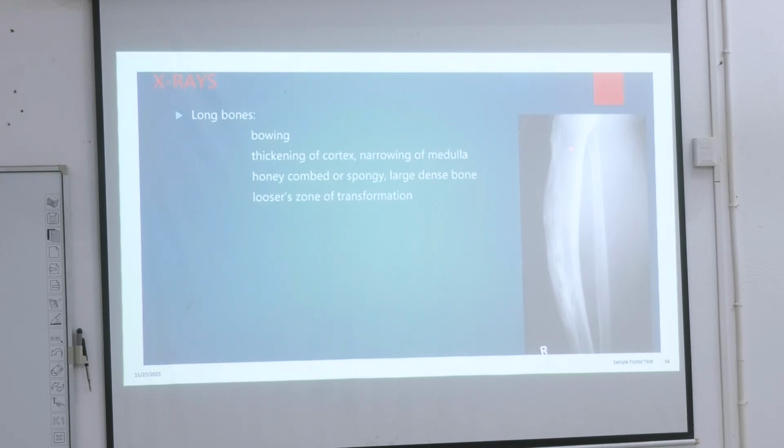So cortical thickening and thinning of medulla occurs and ultimately there is bowing. So you can see there is bowing, increased curvature of the long bone, thickening of cortex and narrowing of medulla. Looser zone transformation is mainly seen around the pelvis. So decrease in medulla content, thickening of cortical content and bowing of long bones.